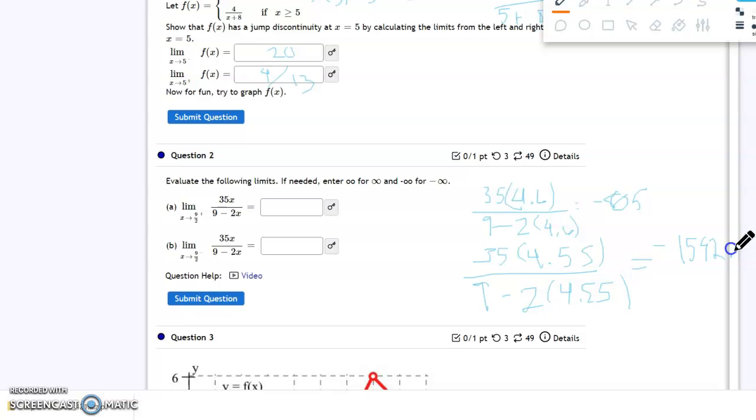So it's definitely getting bigger in a negative direction. So this limit is going to negative infinity. Now, I said that I'd show you graphically how to do it, but let's do this one first, and then we'll go to how to graphically find these answers as well. You might find doing the graph is easier than plugging in like this.